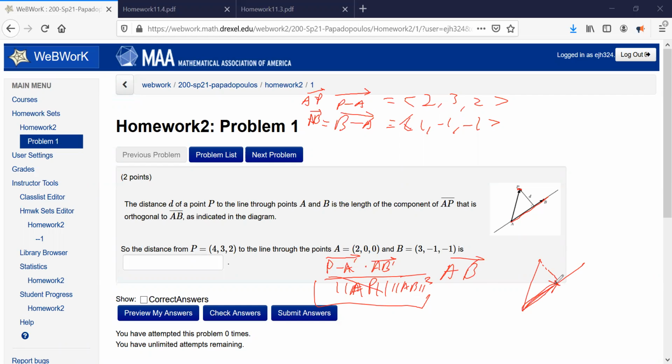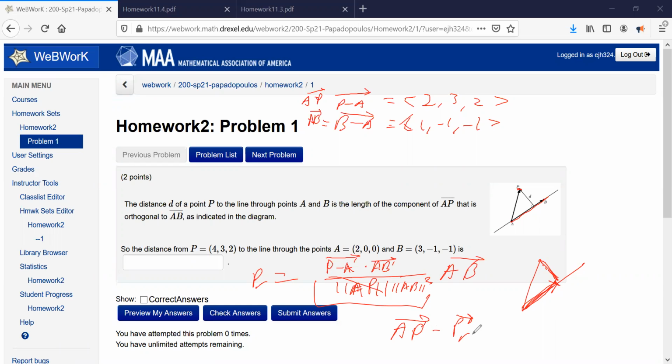It's just this thing up until this point. This isn't actually what I want, right? I want this vector right here. So once I get this, if I call this vector PR for projection, then what I want is AP minus PR, right? And that would be my final answer.